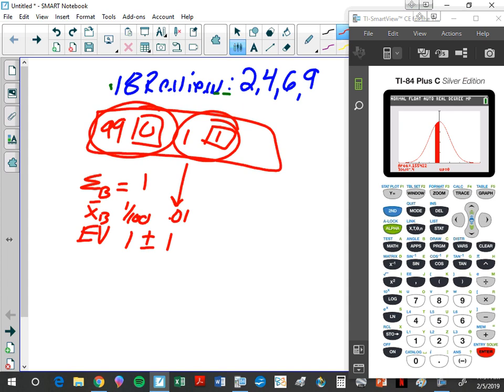So true or false and explain. The sum will be around 1, give or take 1 or so. So we need to calculate the SE. The SD of the box is going to be 1 minus 0 times the square root of 0.01 times 0.99.